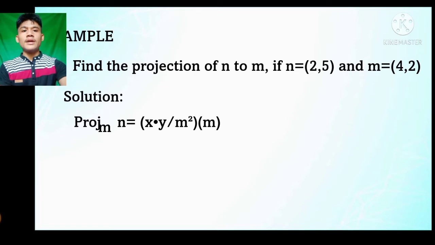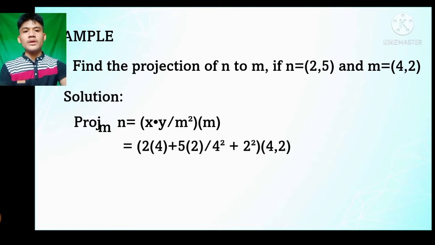The projection of n to m is the dot product of n and m over the magnitude of m squared, times m. For point n, 2 would be our x and 5 would be our y, and for our m we have 4 as our x and 2 as our y. So just substitute the givens into the formula.